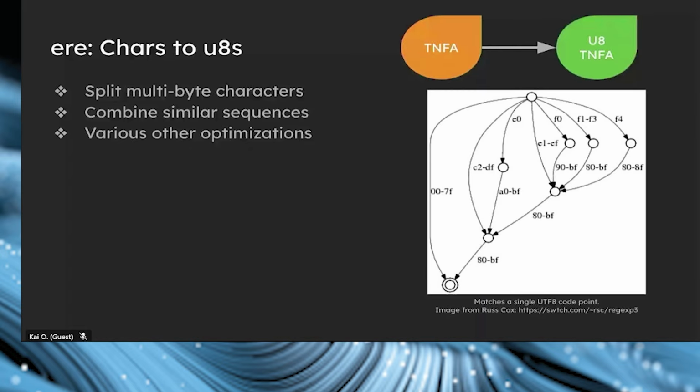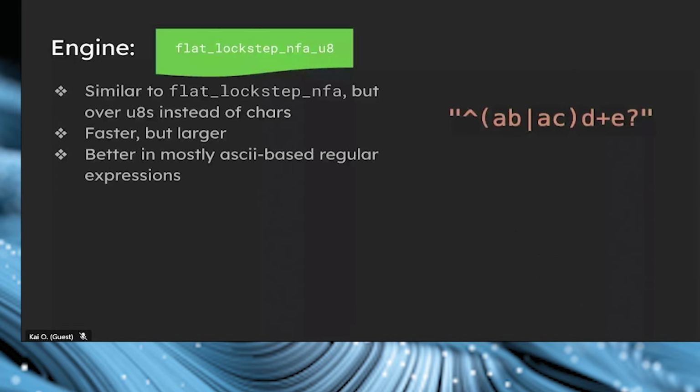And so there's a similar engine to the flat lockstep NFA for chars that's for U8s here. It basically is going to be faster because you don't have the overhead of decoding chars, but it will be larger because there are going to be more states, since there's more bytes and more paths through each code point, up to 4 different states for a single char, because you have to handle the 4 different bytes.